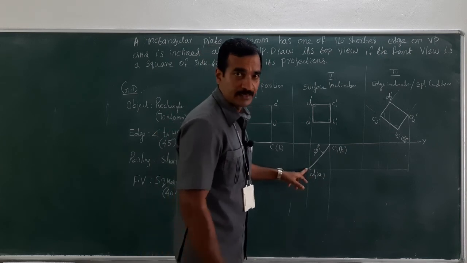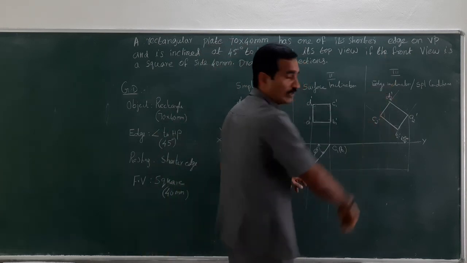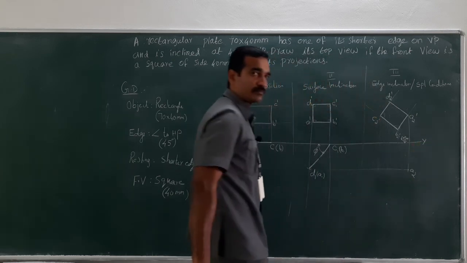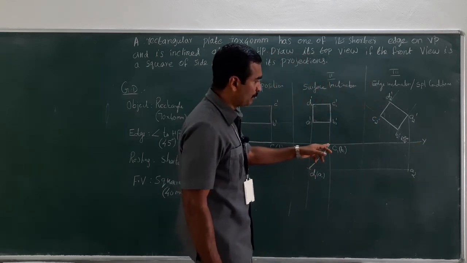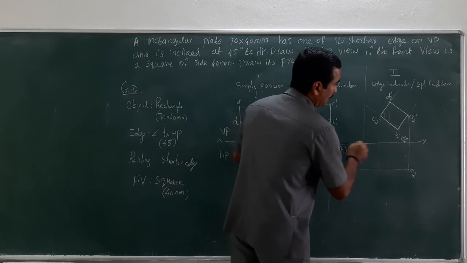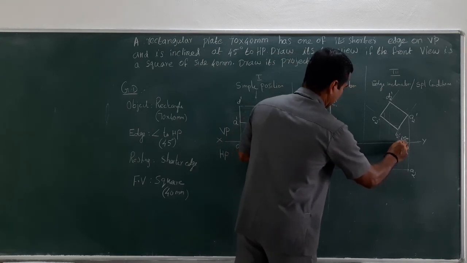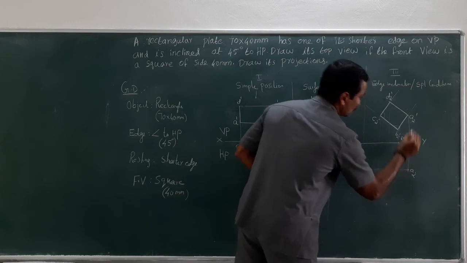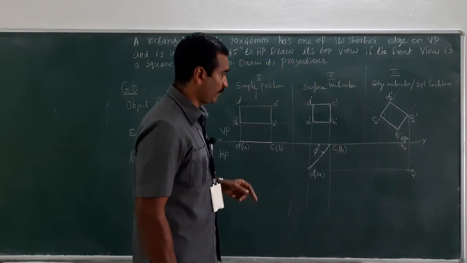A is here, that is horizontal projector and vertical projector are meeting here. This becomes A2. And point B is here. B and B are intersecting here, and this becomes B2. Right?